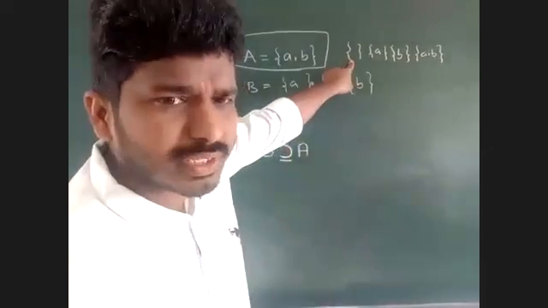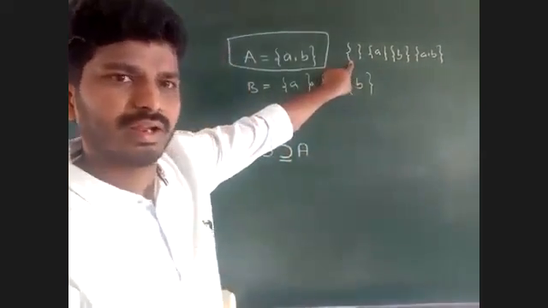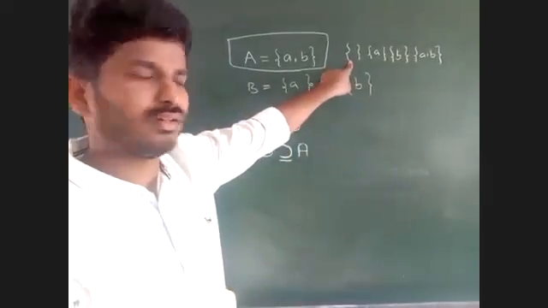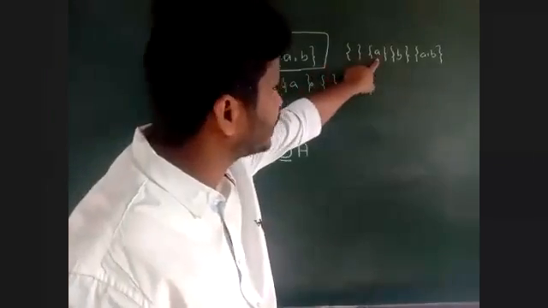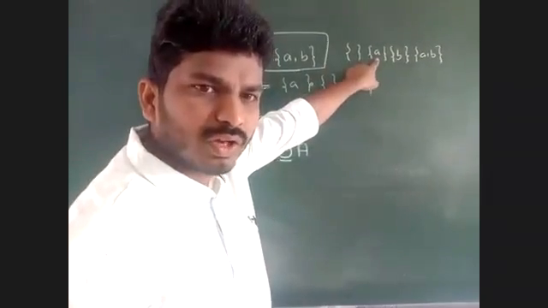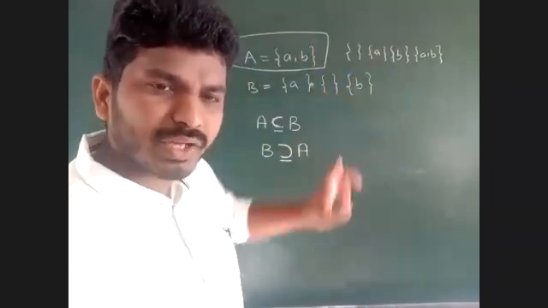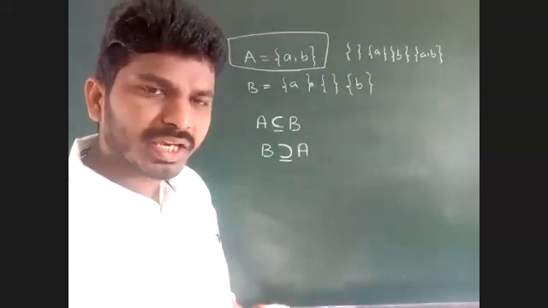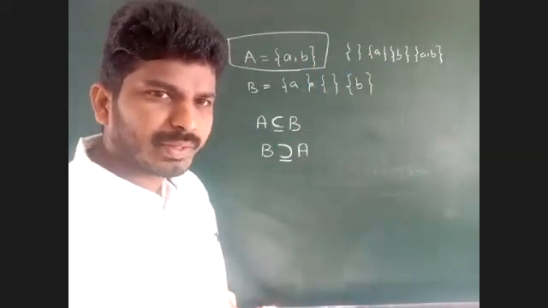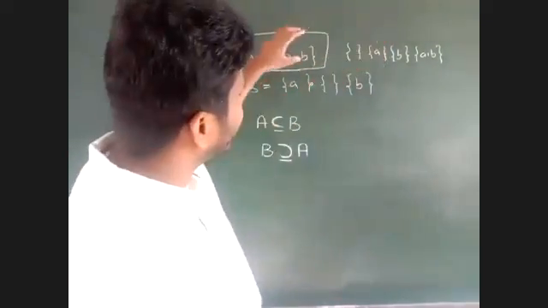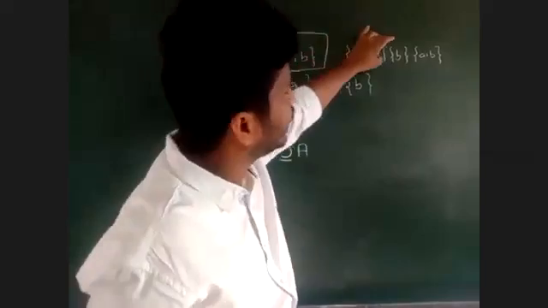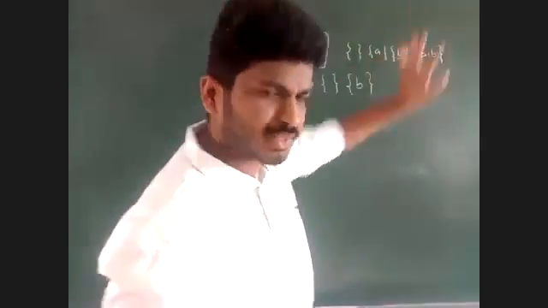Is A a subset of A comma B or not? Subset. These all are subsets: empty set, A, B, A comma B.